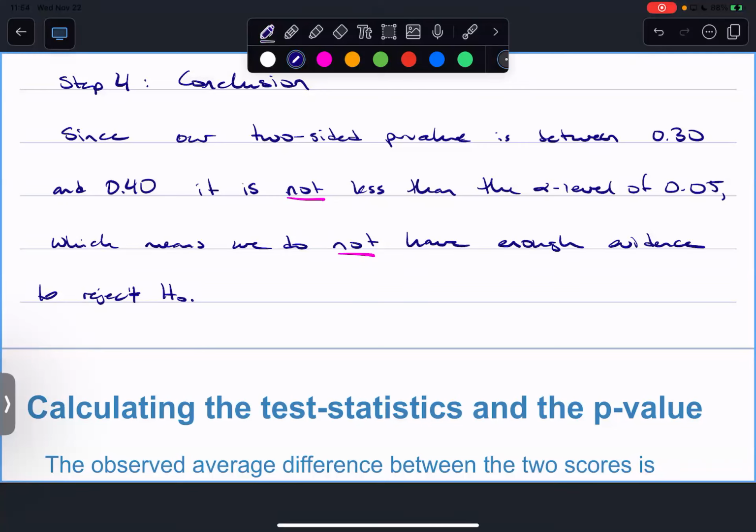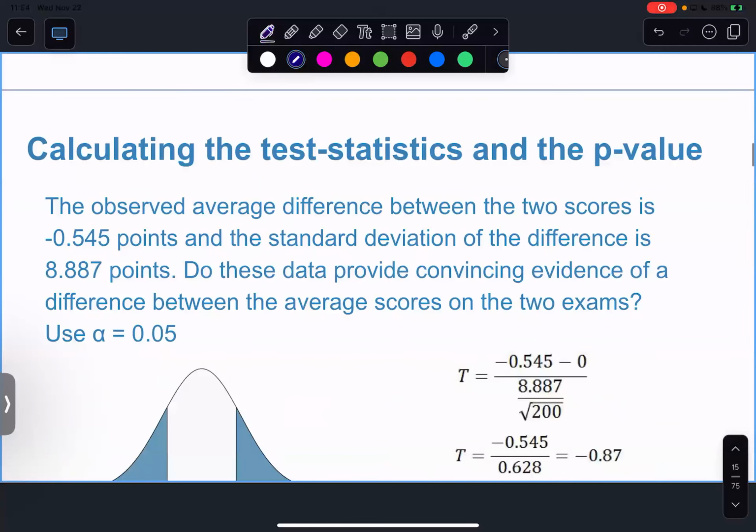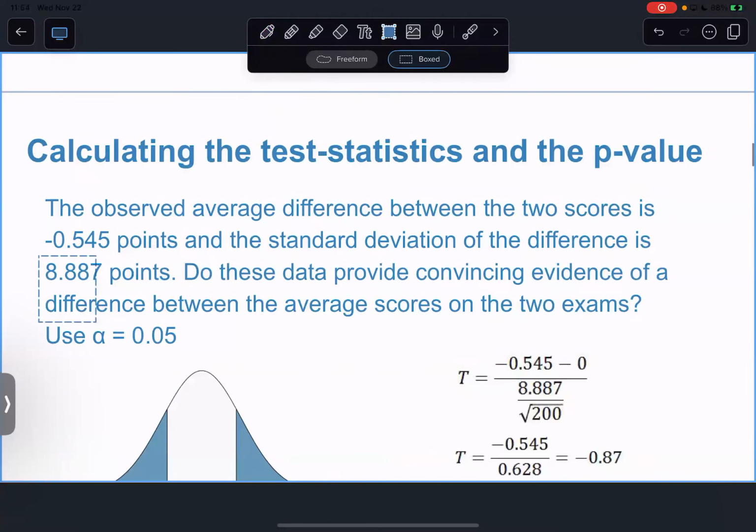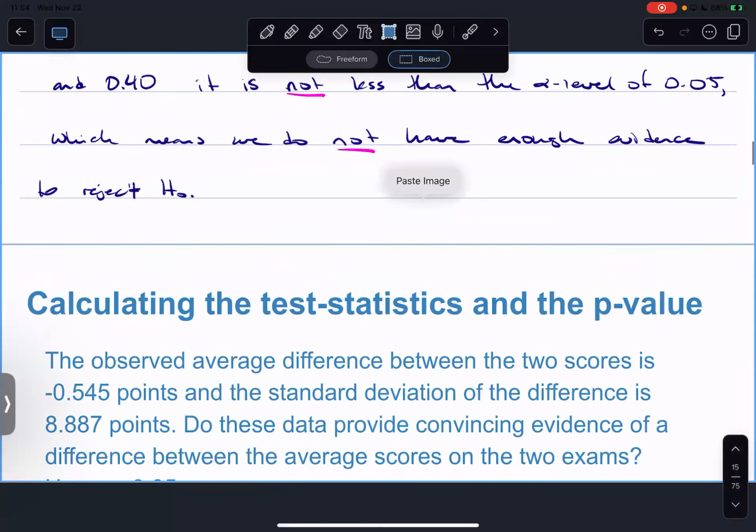What was the question? I'll steal it from here conveniently. Do these data provide convincing evidence of a difference between the average scores on the two exams? I would just take this, copy, paste.